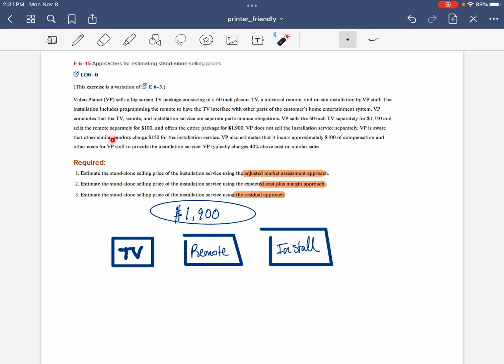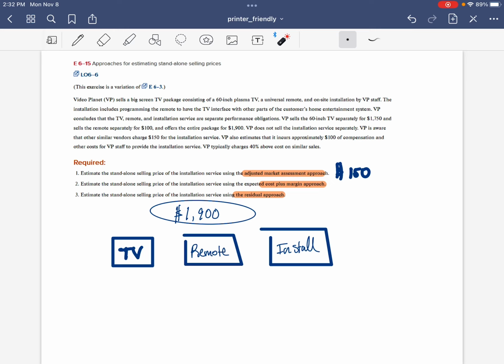VP is aware that other similar vendors charge $150 for the installation services. Typically we would say they're charging $150, but we typically charge 10% more than our competitors, so we'd add 10%. But they're not saying that here. They're simply saying our competitors charge 150, and we can assume that we would use the 150 also. So the answer to part 1 is 150.